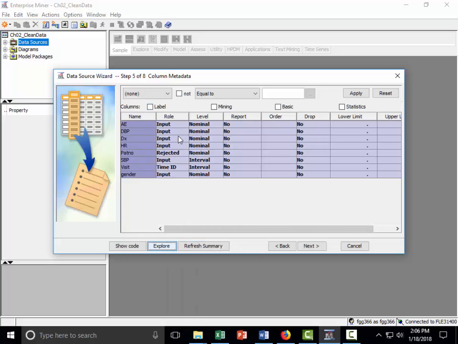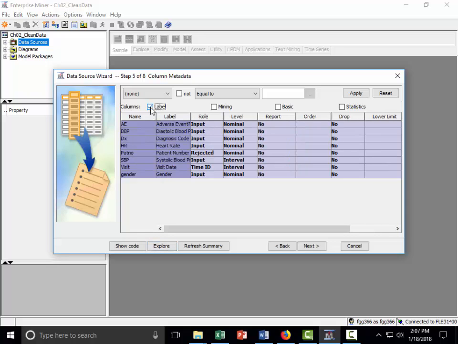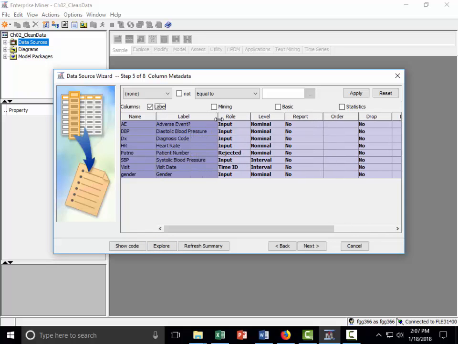So if the variables have labels attached, by checking the labels, it will tell you if the data set has labels for columns, okay, the labels will appear. Of course, if the labels have not been set up in the database, then you will have the same name as your label, so it's not going to be very helpful.